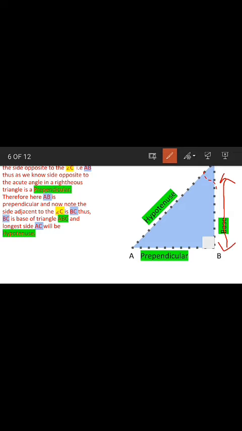So BC and AB are the examples of base and perpendicular in this case. Other than these two sides, the base and the perpendicular, we also have a third side, and it is known as the hypotenuse of the right angle triangle. Always remember that the longest side in a right angle triangle is always going to be the hypotenuse.